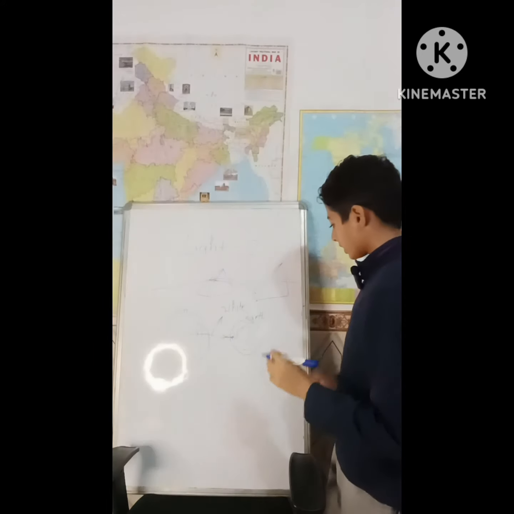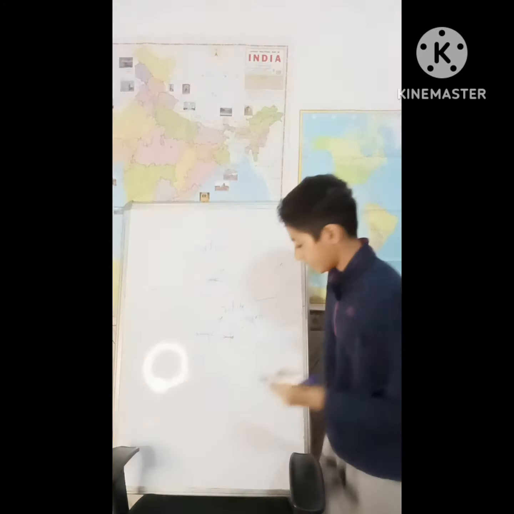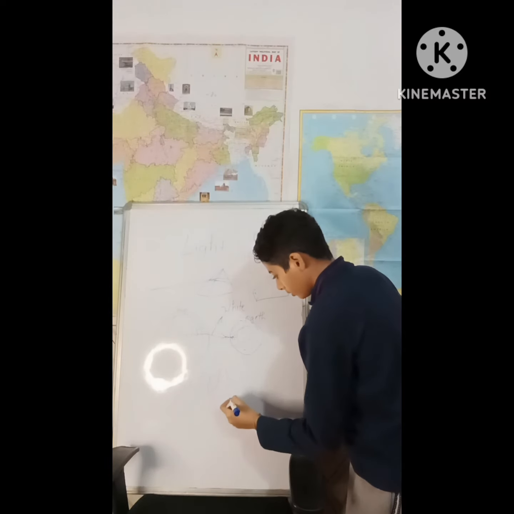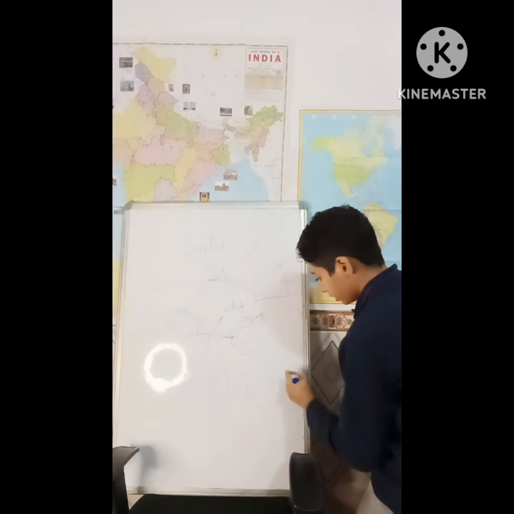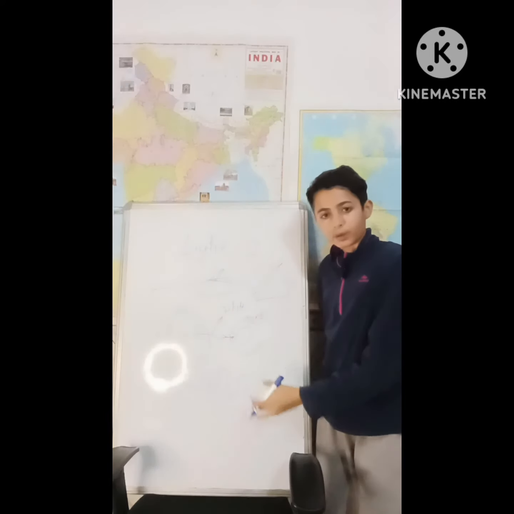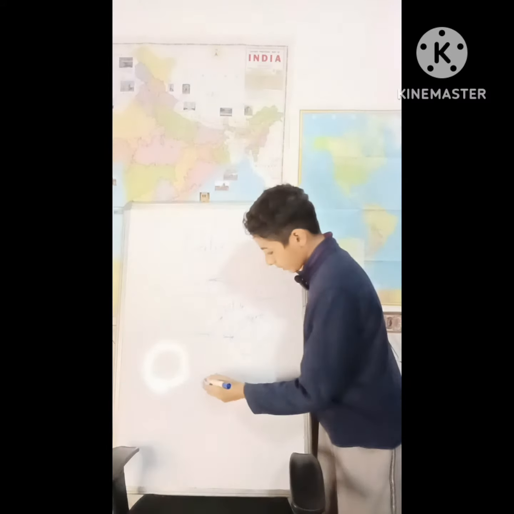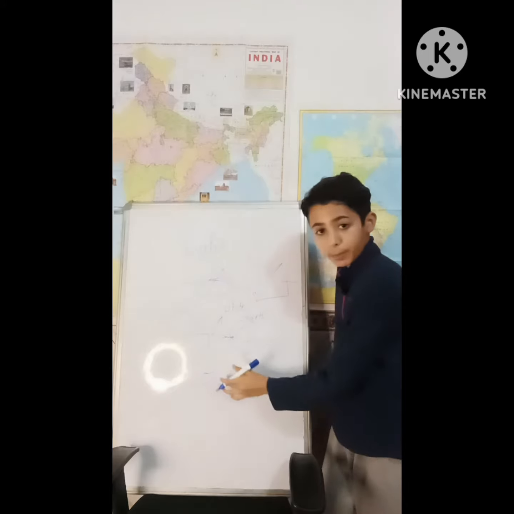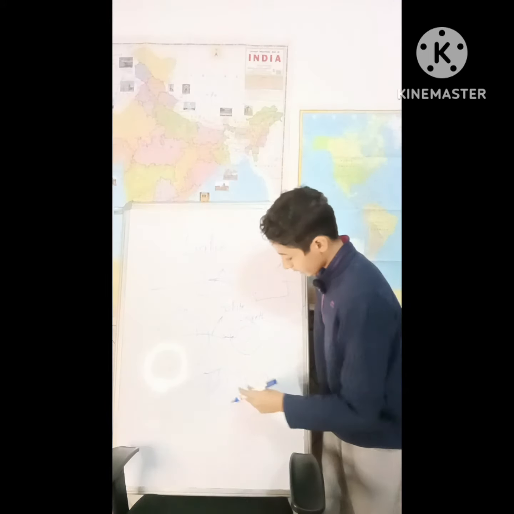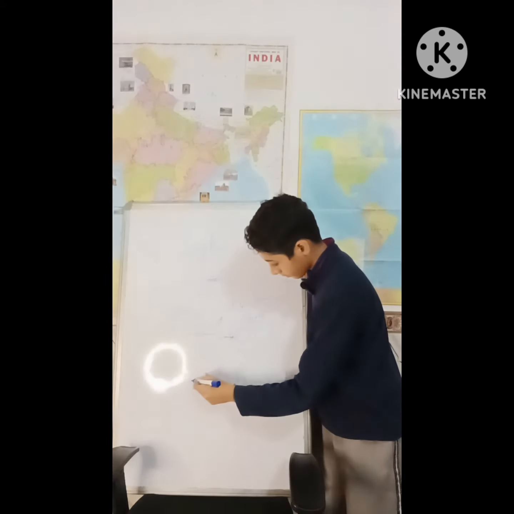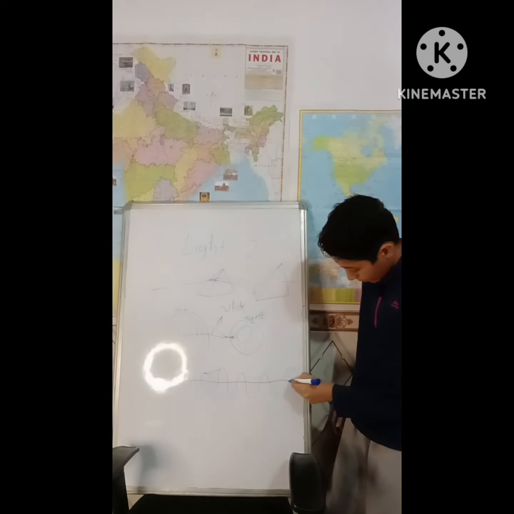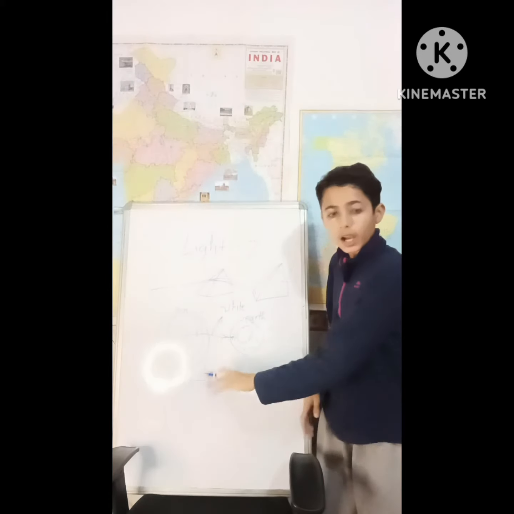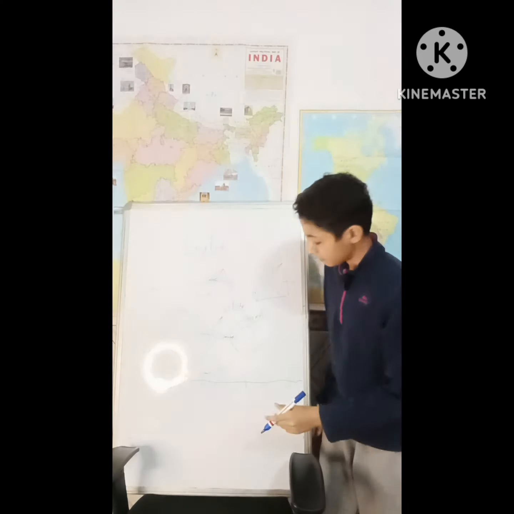For now just understand it like this. Think this is my frequency graph. The distance between two crests, the upcoming parts are known as crests, and the part that has gone deeper than the line is known as a trough.